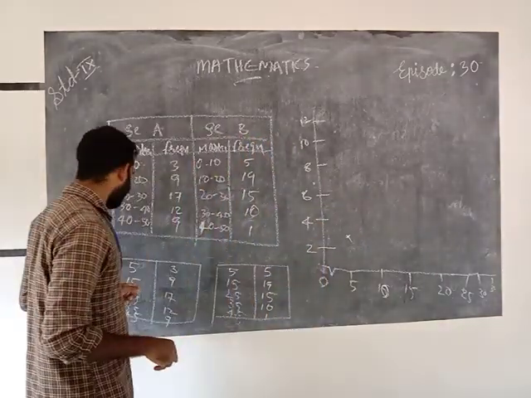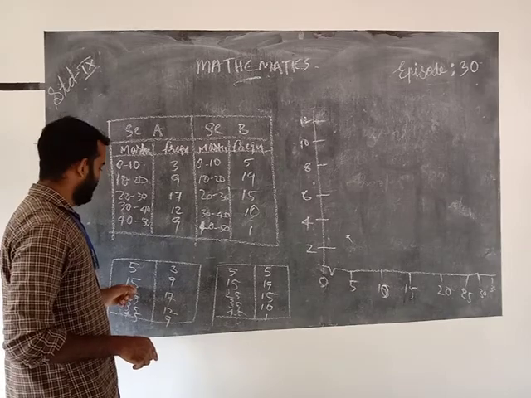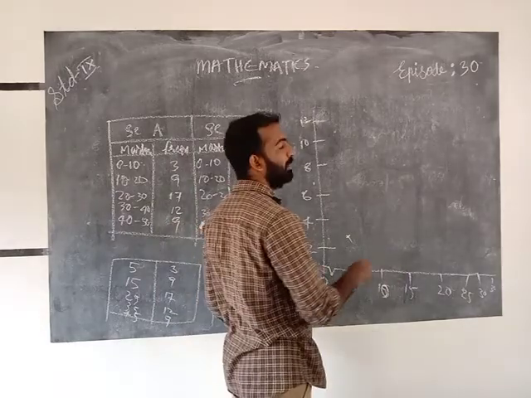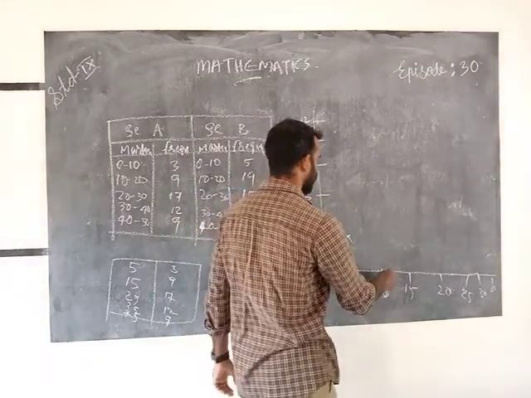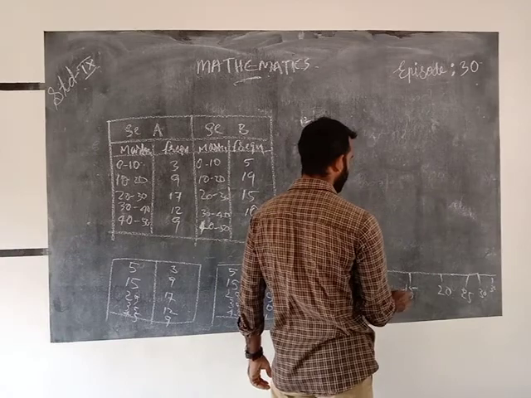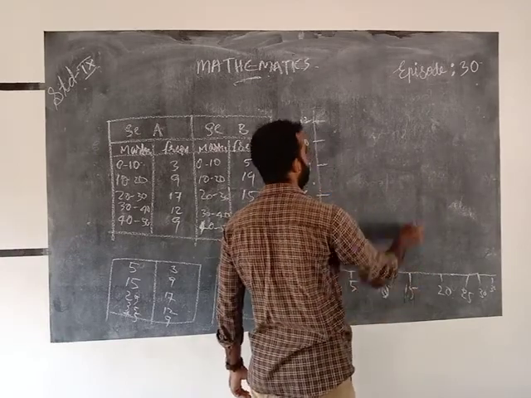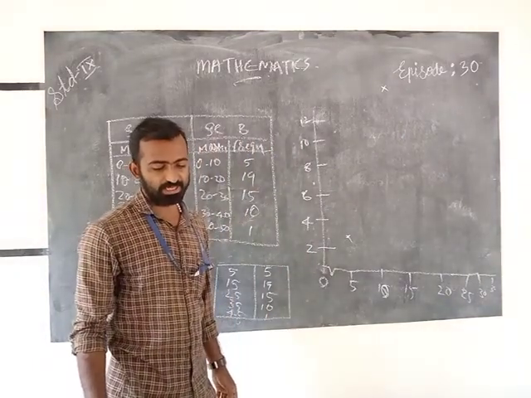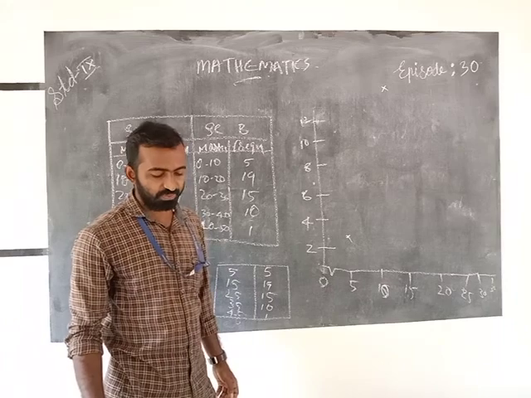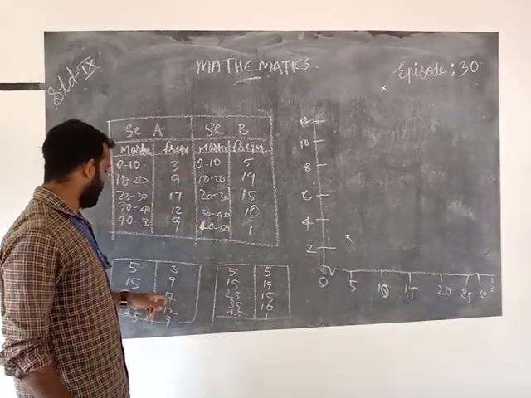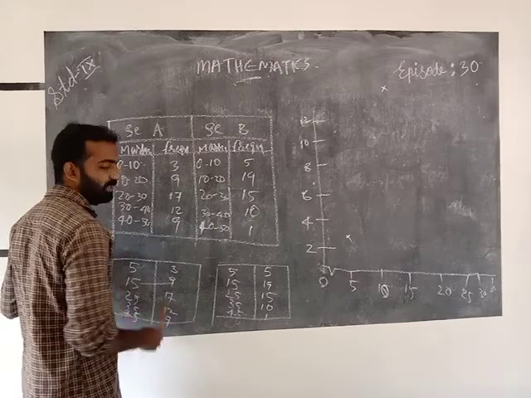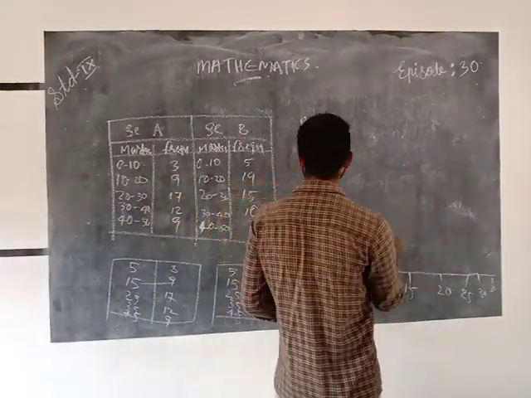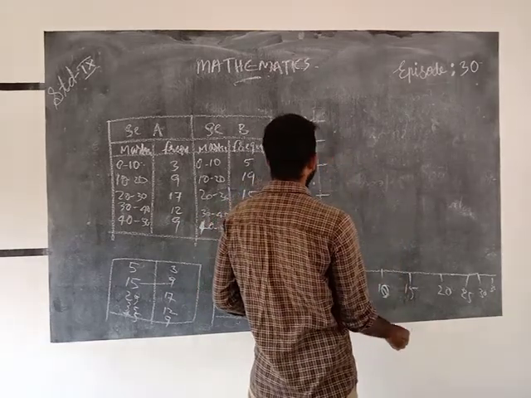And next is 15. The frequency is 9, sorry, not 17, so we get 9 here, corresponding to the midpoint of 8 and 10.